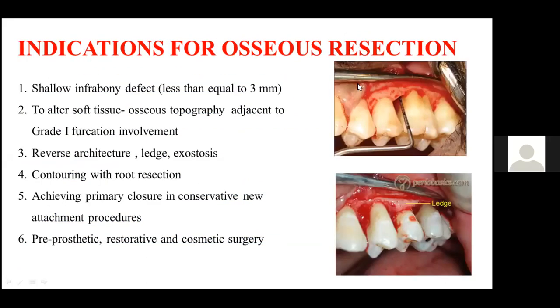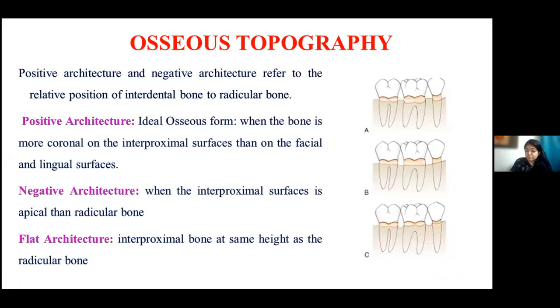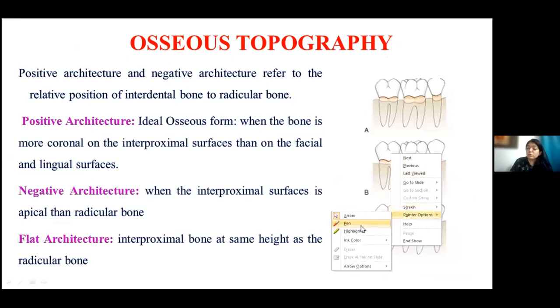Now, what are the indications? Why do we do osseous resection? If we have a crater, what is a crater? A shallow concave defect interproximally. So then what does that become? A negative architecture, right? So we can just reshape the bone a little from here and make it a flat or a positive architecture. So then what will happen? The gingiva will not get inside it.